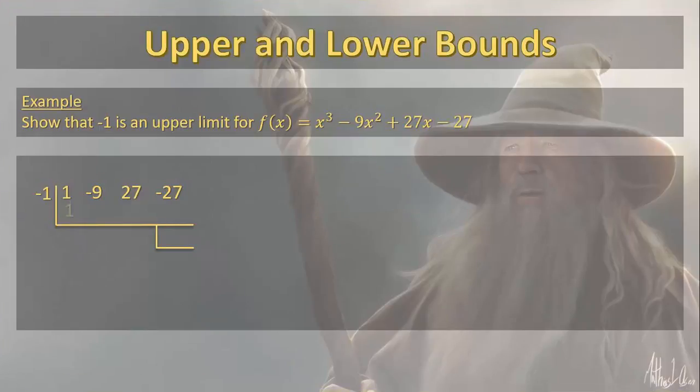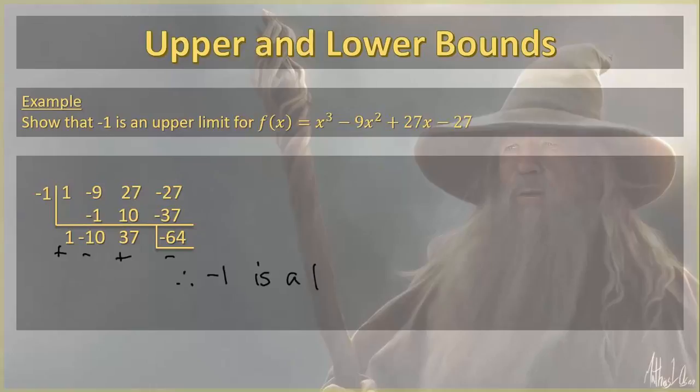All right, here we go. All right. We have a plus, minus, plus, minus. It alternates signs. Therefore, -1 is a lower, what's the word? Bound, not limit.